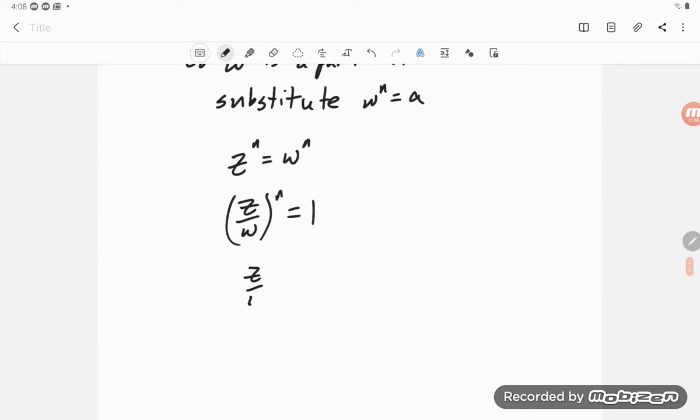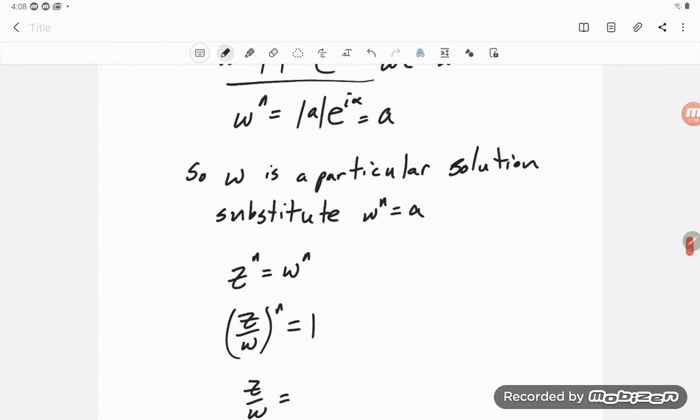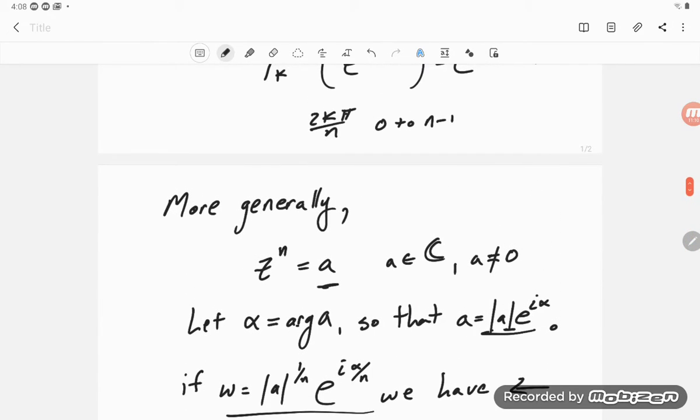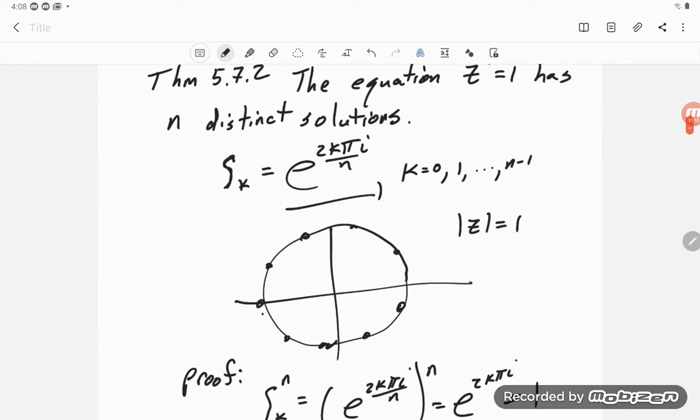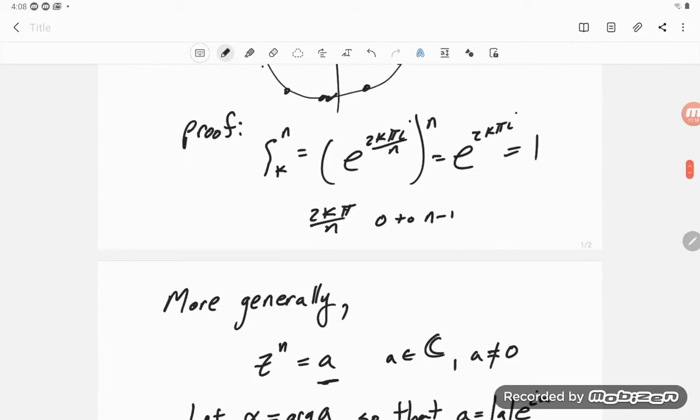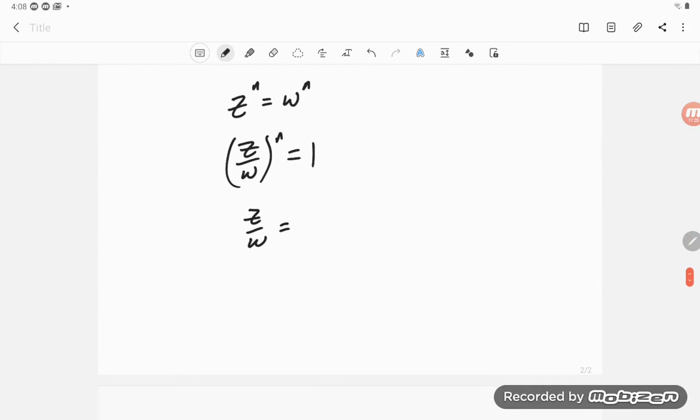So z over w is equal to, well, let's see, e to the 2kπi over n, and that was for k equals 0, 1, up to n minus 1. So that's z over w.